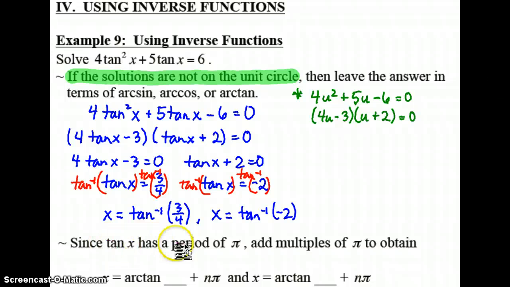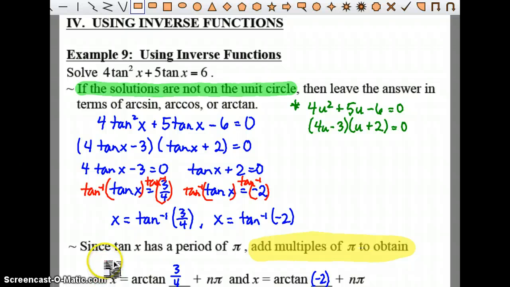Well, since tangent has a period of pi, what you're really going to be doing is adding multiples of pi to obtain your answer. So if we write down the arctangent of 3/4 plus n pi, and x is equal to the arctangent of -2 plus n pi, that's your actual answer.